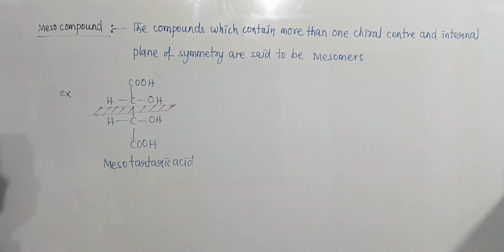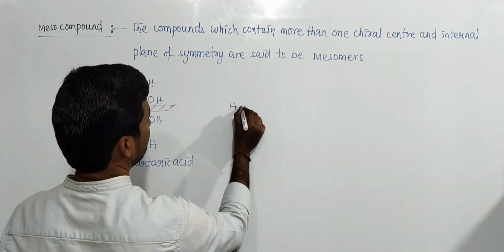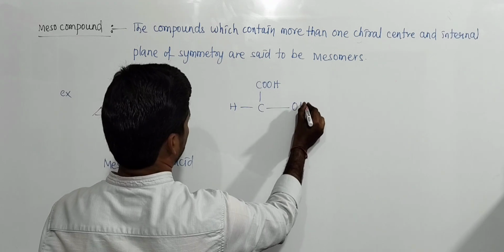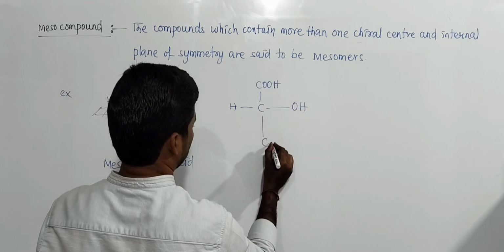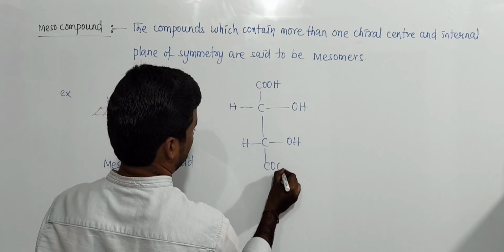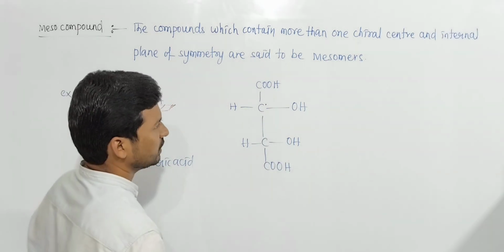Okay, meso compounds are optically inactive. Of course, two chiral centers are there. See this one. I am writing this molecule again. Is this a chiral carbon or not? Chiral.